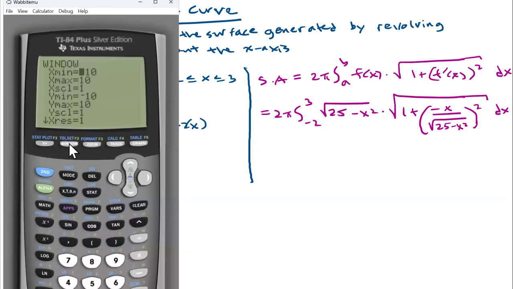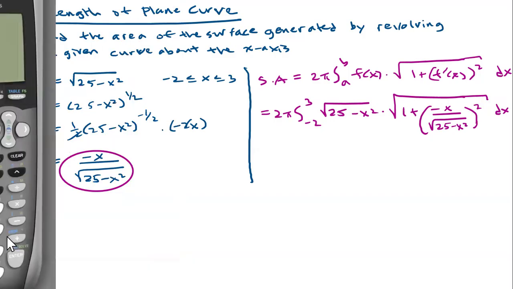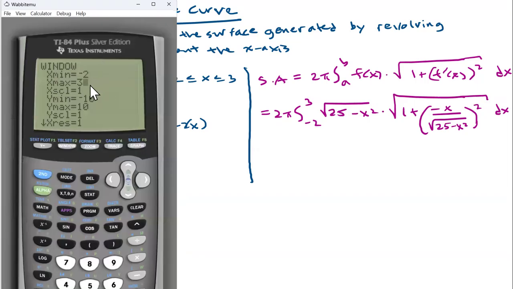So I changed my x window from -2 to +3, then I graph it.